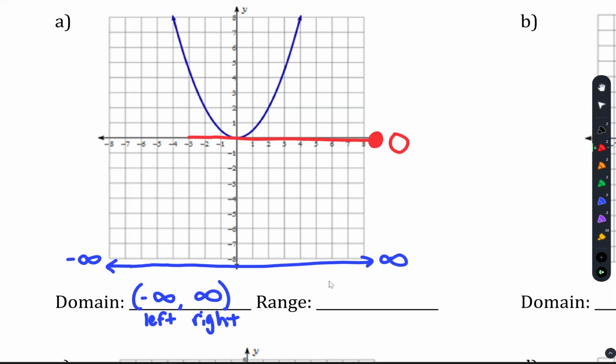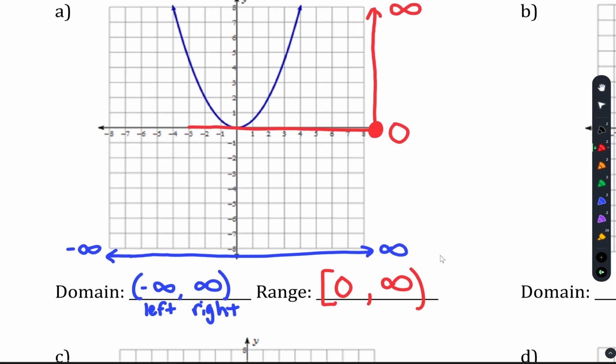When I want to include something, I'm going to use a bracket. Now, how far up does this go? It goes all the way up to infinity. So this is from 0 to infinity, and anytime we use infinity, we're using that parenthesis. Everybody good with that?